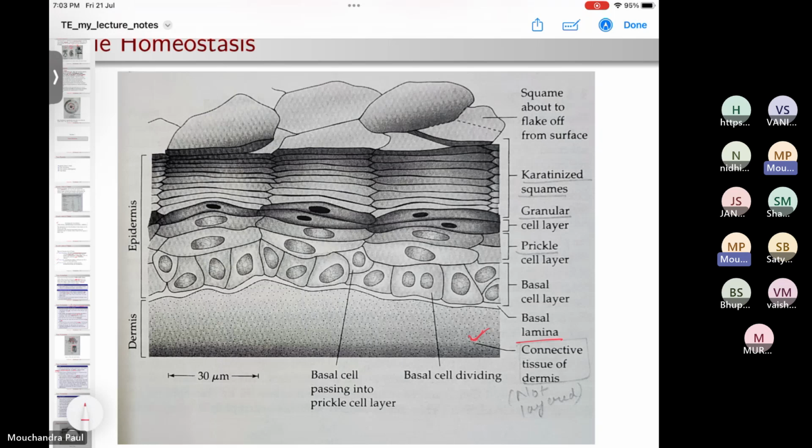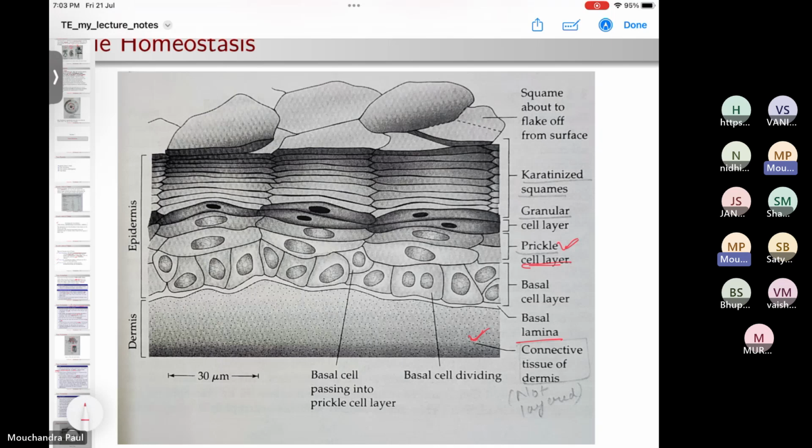Now one of the cells starts dividing, and the daughter cells go through different stages of differentiation. First, the cell becomes a prickle cell and gives rise to a layer called the prickle cell layer.